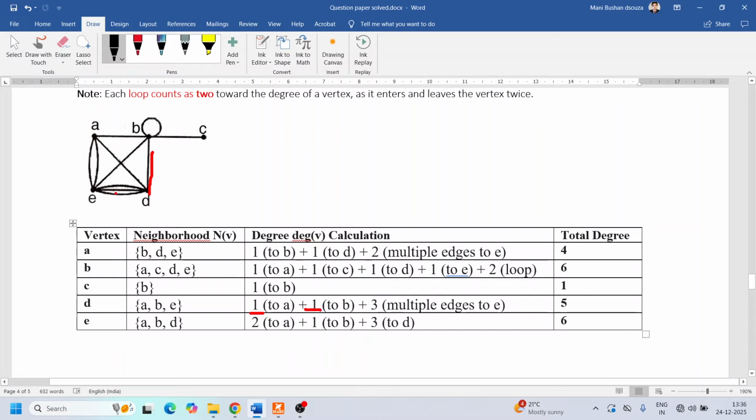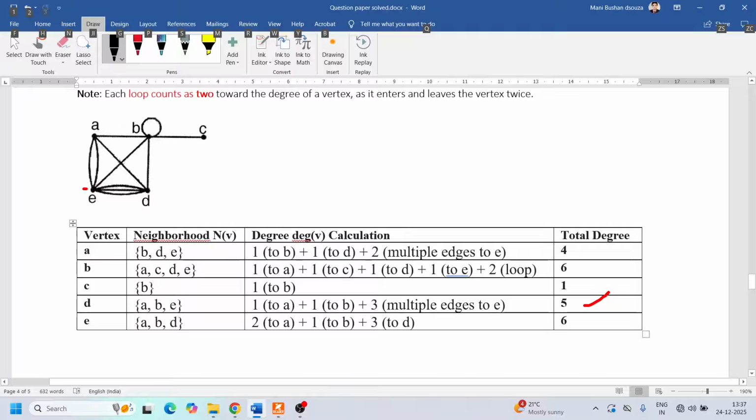D to E, there are 3 edges, so you take it as 3. So add all of them, 1 plus 1 plus 3, that happens to be 5.